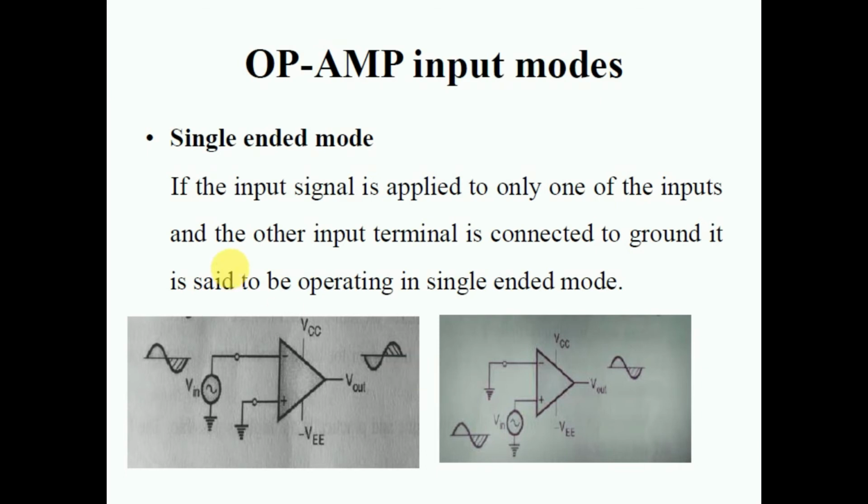So we will understand that when we come to the discussion of characteristics, or parameters. In these three different ways, the op amp input modes can be used. If you apply only single-ended mode, then it is also possible. Only one terminal has the voltage supply, and the second one is grounded.